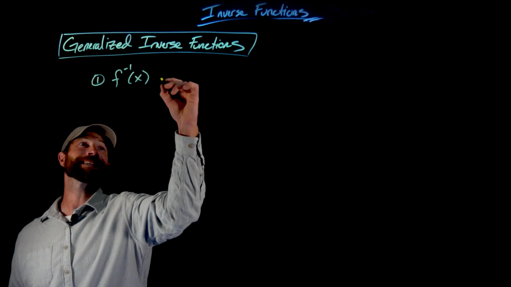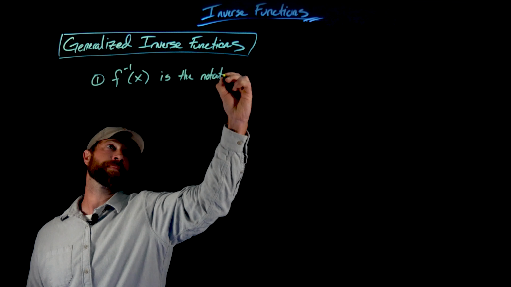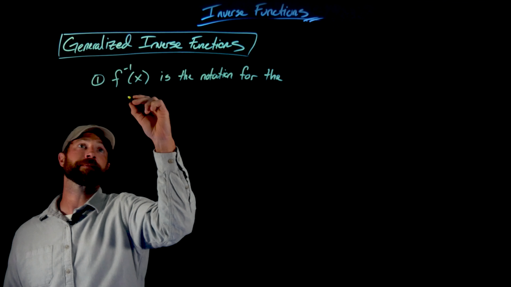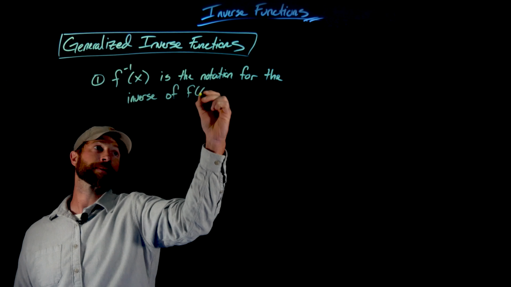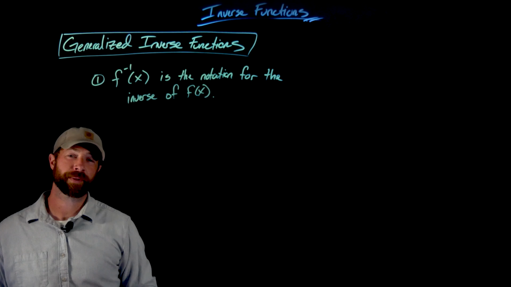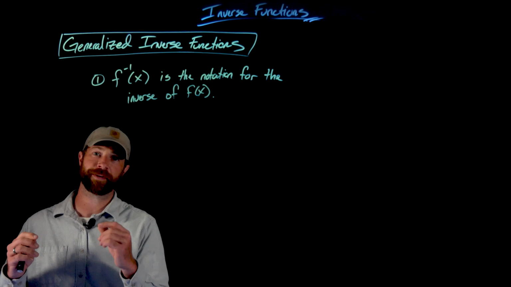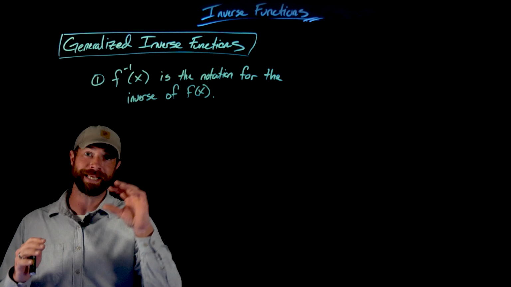So this is the notation for the inverse of f of x. So in other words, the original problem that I had with f of x and g of x, I could have written as f of x and f to the negative 1 of x, or the inverse of f of x.